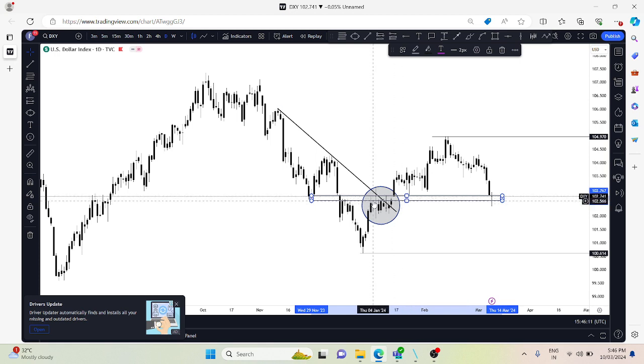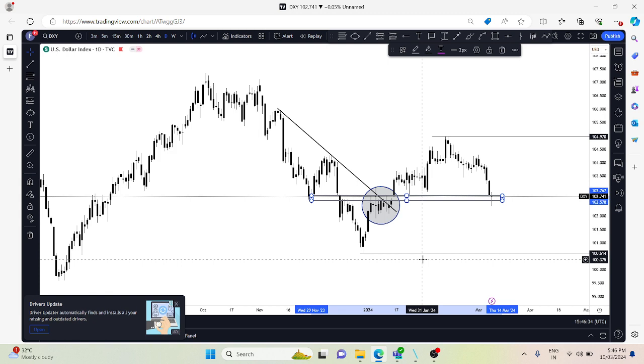It was failing to break our neckline. So meaning it's a definite resistance now acting as a support. So even if you are a trendline trader, you were going to have the direction for the DXY for the previous month or 2 months ago.